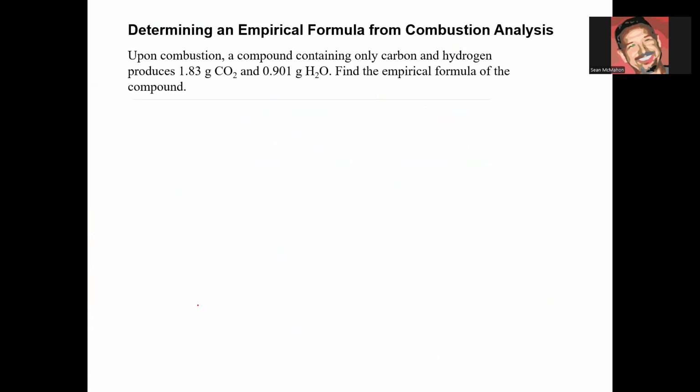Now remember, the map for empirical formula is to convert the grams of the element to moles, then do your mole ratio, and then if you need, you might need to multiply that by some factor to get a formula ratio. Well, we're still going to do that, but the tricky part is we're not just getting grams of carbon or grams of hydrogen. We're getting grams of CO2.